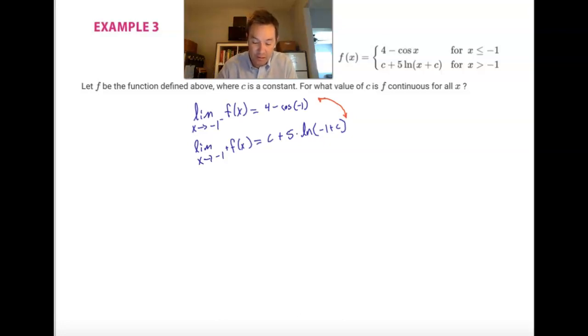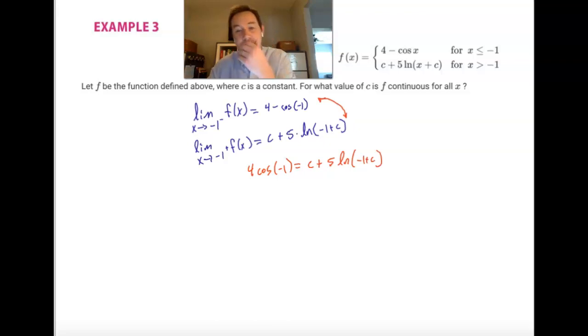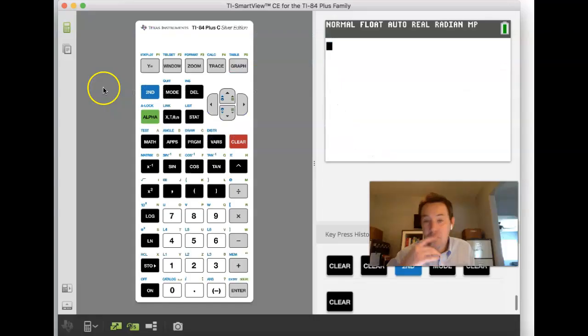So we're going to create an equation. 4 minus cosine of -1 has to equal c plus 5 natural log of -1 plus c. And yeah, so this would be like something they would throw at you on the calculator portion of the exam. So let me open my calculator and we'll review how to solve an equation in your calculator.